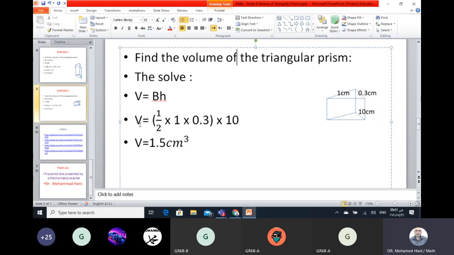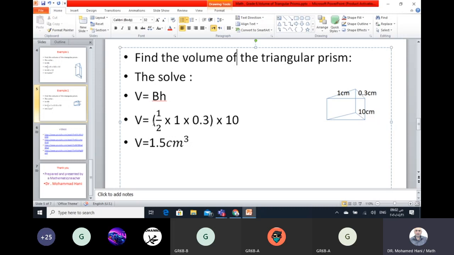So you can now use the formula of the area of a triangle to solve the B in capital letter here. V equals, as you know, the area of the triangle, 1/2 multiplied by the base of the triangle multiplied by the height of the triangle. This is the base, 0.3, and this is the height, 1.